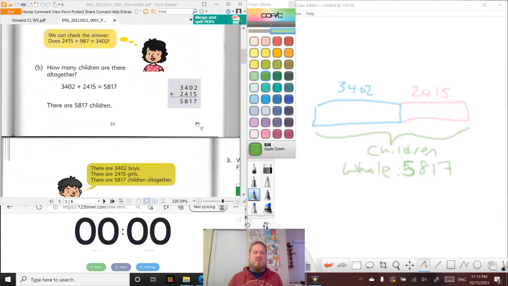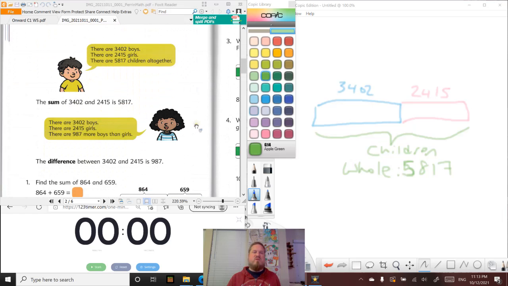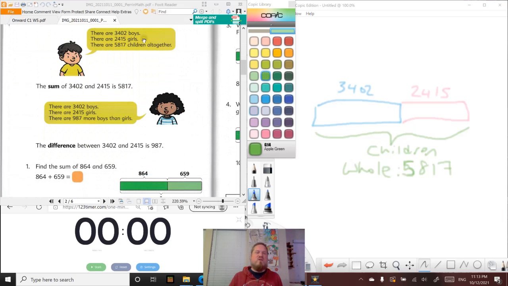So if we go down to the next page, 52, the little boy says there are 3,402 boys, there are 2,415 girls, there are 5,817 children altogether. Here we're learning a math vocabulary. The sum of 3,402 and 2,415 is 5,817. 5,817 is the sum.